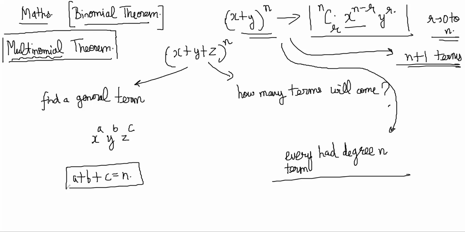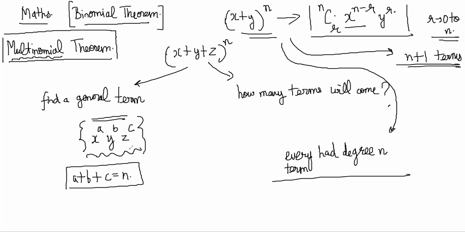So let's think about how many such terms will come, where a plus b plus c is equal to n, and a, b, c can be arbitrary non-negative integers. It has to be 0 or 1 and so on. It can go up to n.